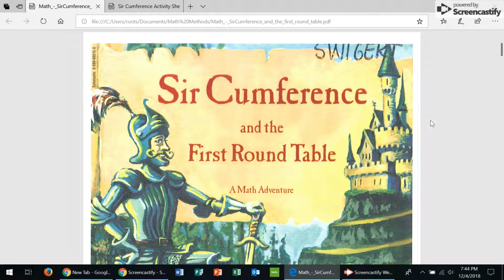Okay. This is the children's literature activity. I found a book called Circumference, and the first roundtable. There's a series of these circumference books that tell stories that involve different aspects of geometry.